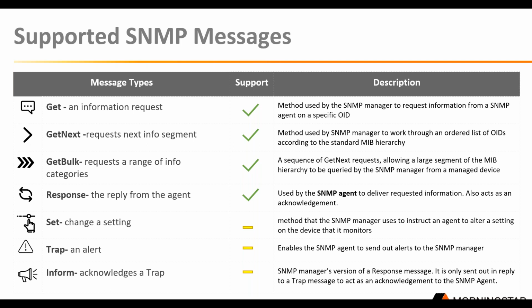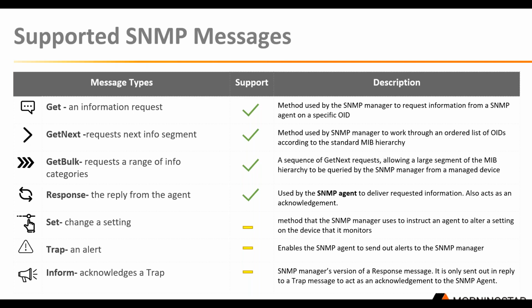You can do GET next, which allows you to just step through the MIB tree or the OID hierarchy step by step, so you can see, in sequential order, what variable comes next in the tree. And you can also do GET bulk. GET bulk was not a feature that was available for SNMP version 1.